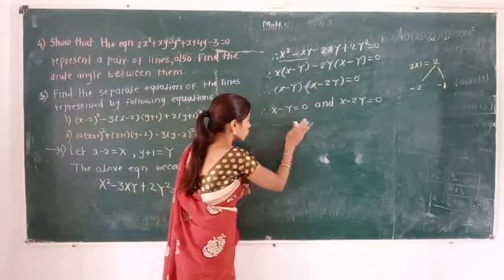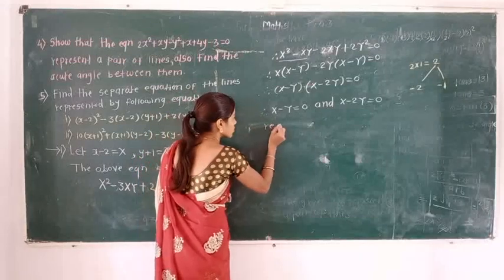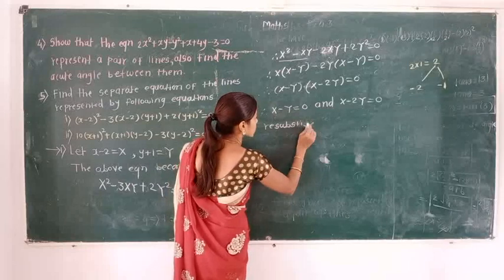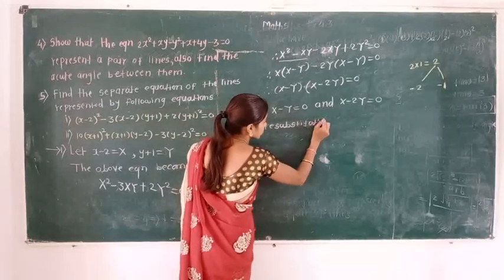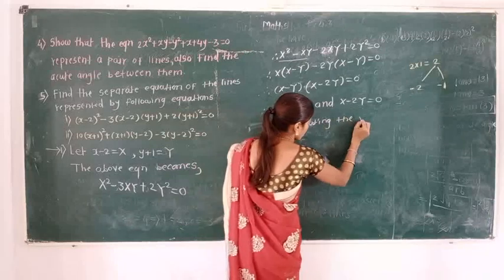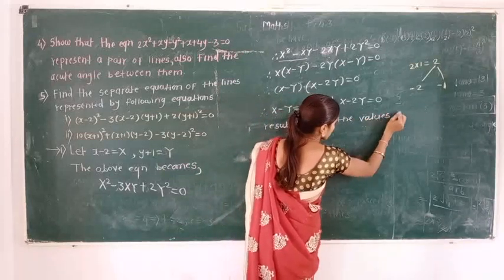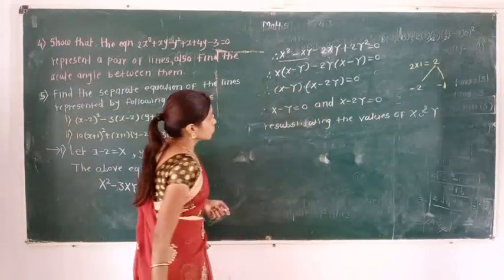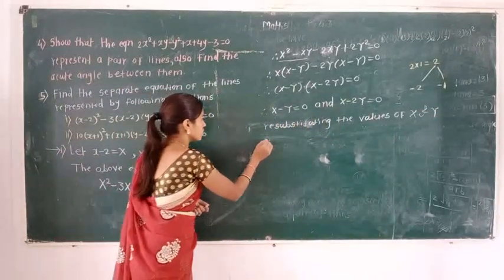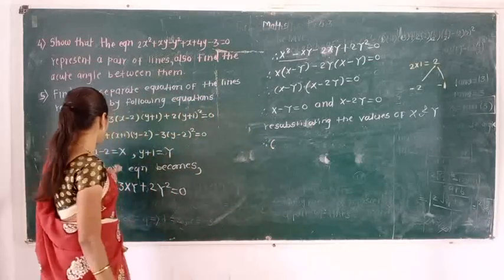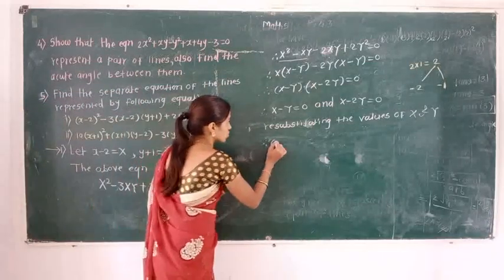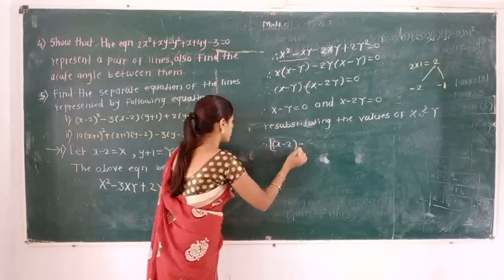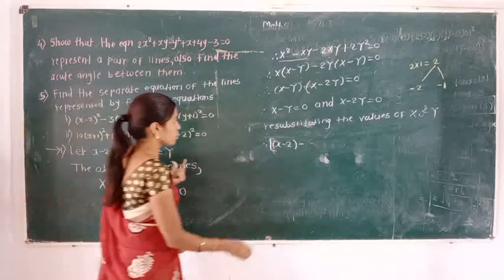So first of all, resubstituting the values of capital X and Y. We know the value of capital X is x minus 2, and the value of capital Y is y plus 1.